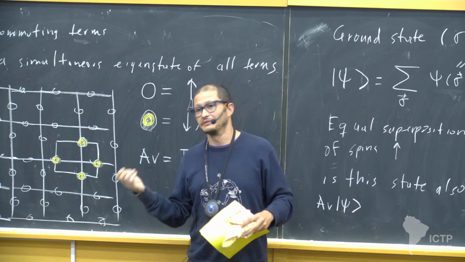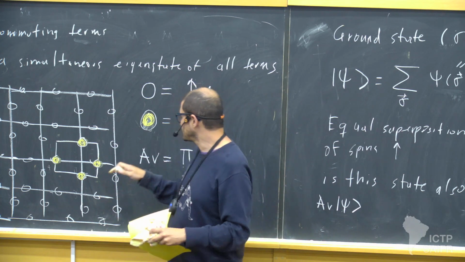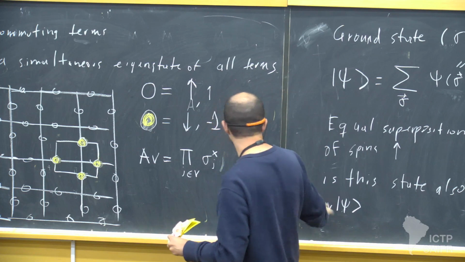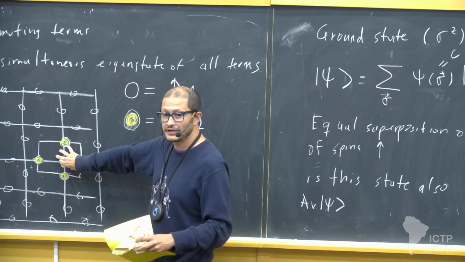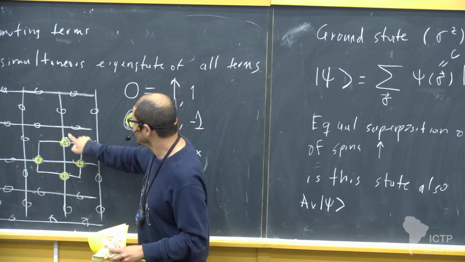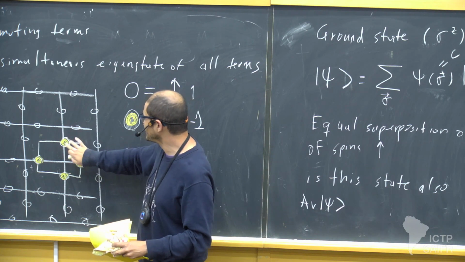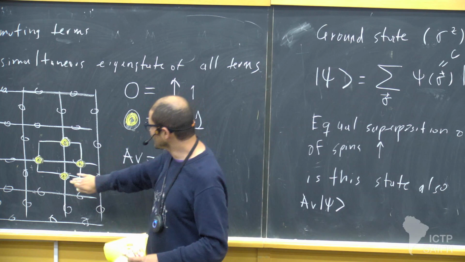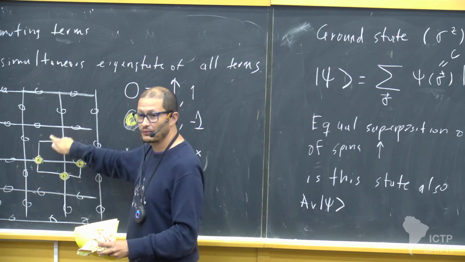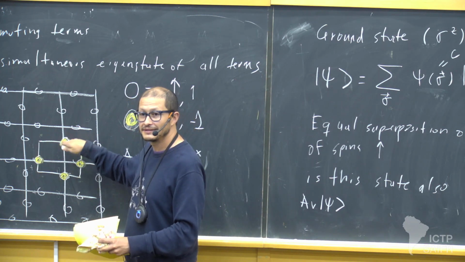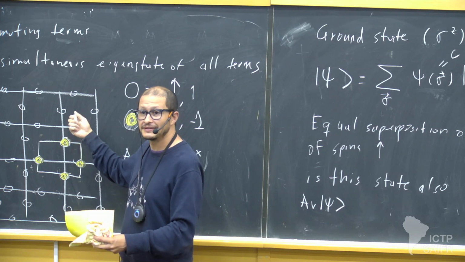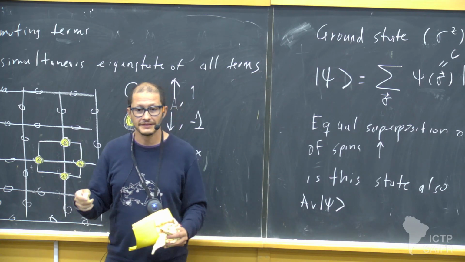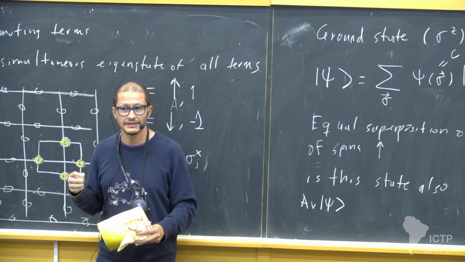You get the same, right? Because when you apply it to, say, this configuration, you get the ones where you have the spins down. But then you're also applying it to the one where the spins are down, sorry, up, and so you will get this back. You see what I'm saying, more or less?